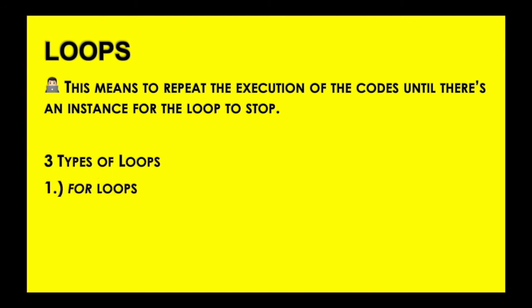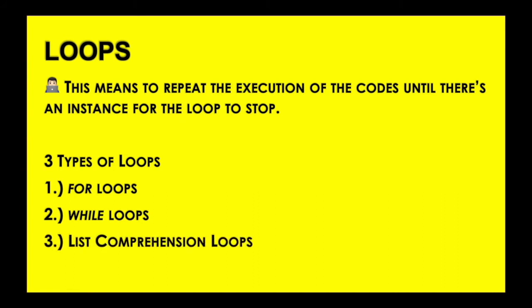The first type is the for loop, the second type is the while loop, and the third type is the list comprehension loop. Since this is just an introduction, we will have an in-depth tutorial regarding the for loops, the while loops, and the list comprehension loops.